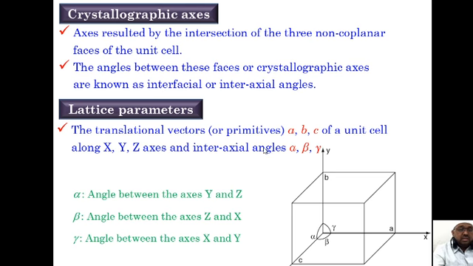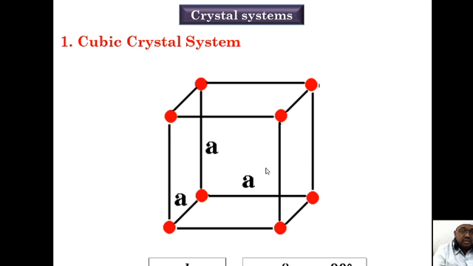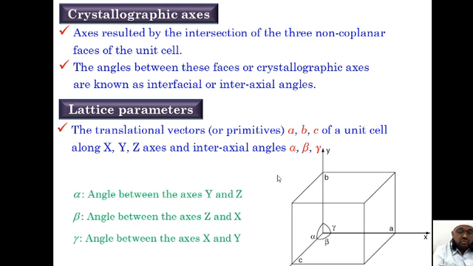If I put together a, b, c and alpha, beta, gamma, these parameters are what we call lattice parameters.